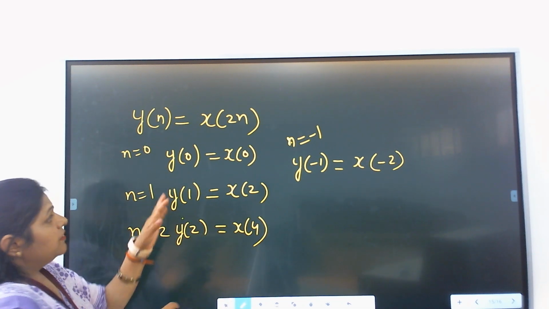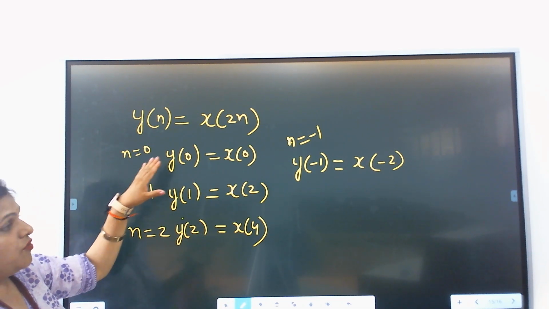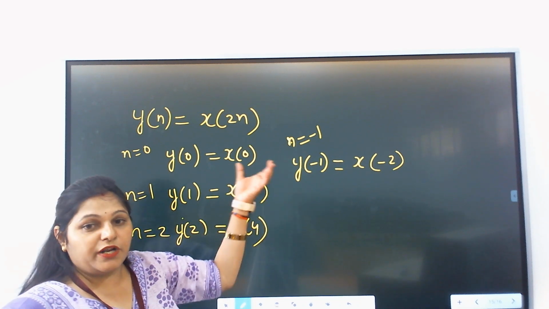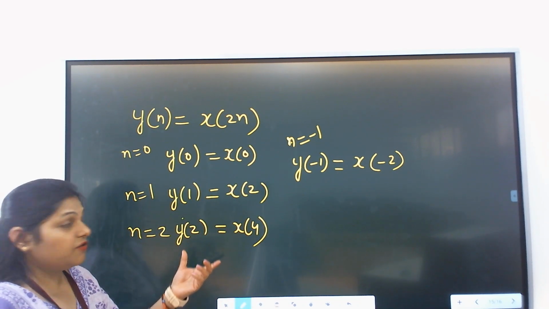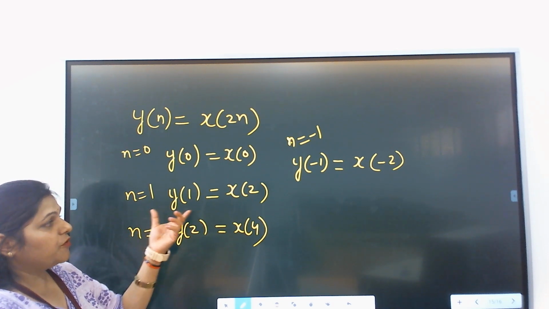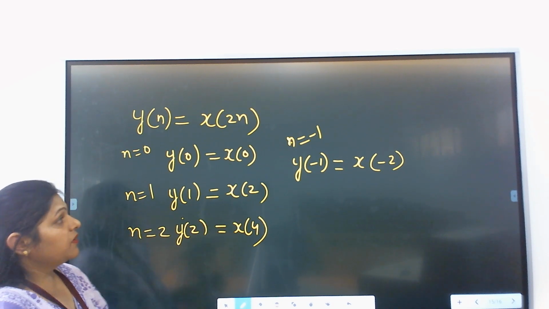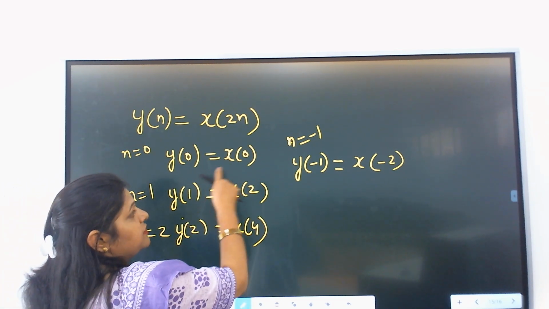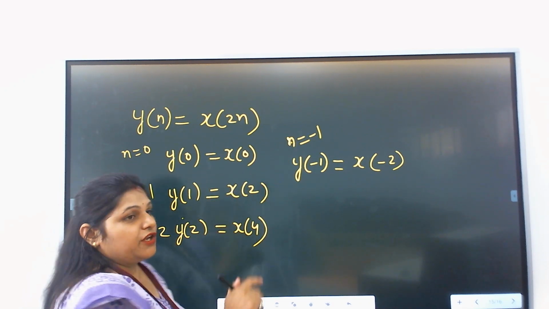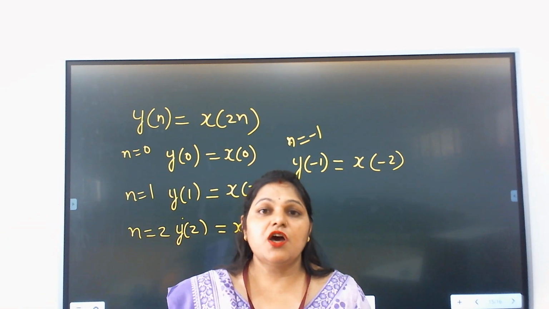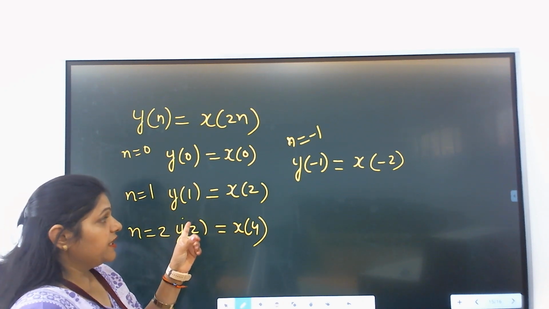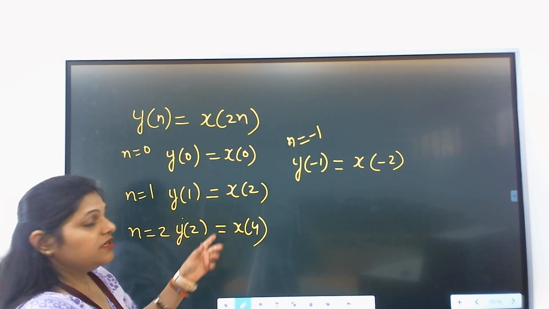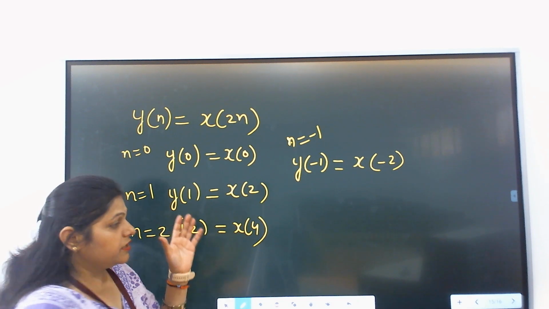So for zero and negative values, the output depends on present and past values, and for positive values, on future values. Therefore this system is non-causal.